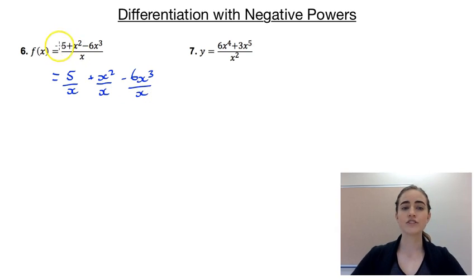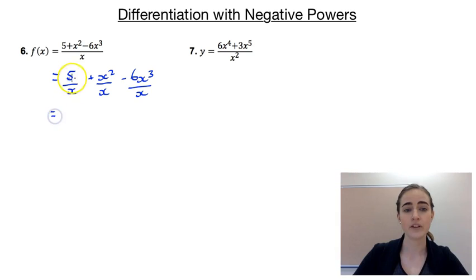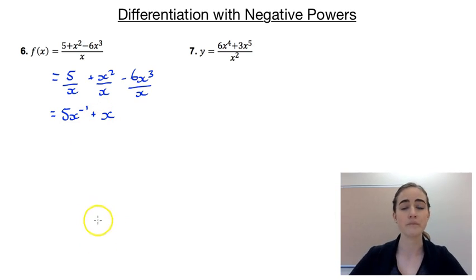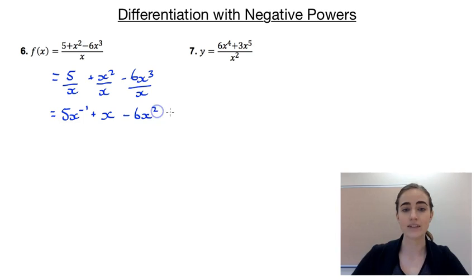That's broken it down into 3 separate fractions. Now we can either simplify or rewrite those so that they have a negative power. So 5 over x, we could write as 5x to the minus 1. X squared over x would just leave us with x once we cancel out 1 on the top and 1 on the bottom. And this last one would give us minus 6x squared.